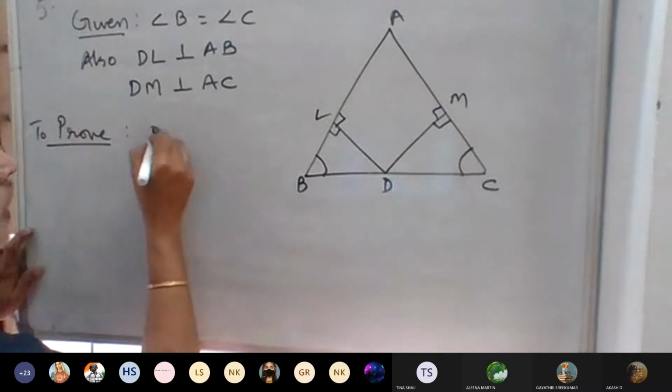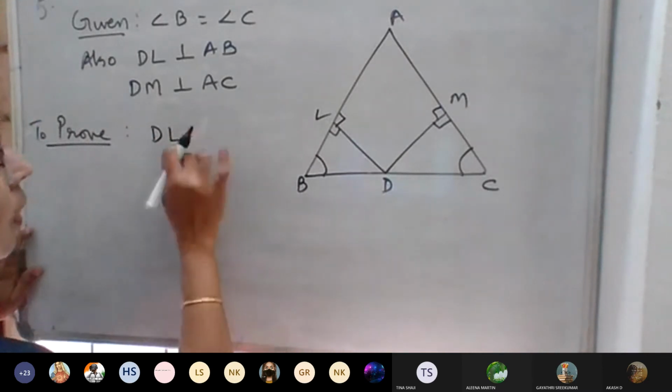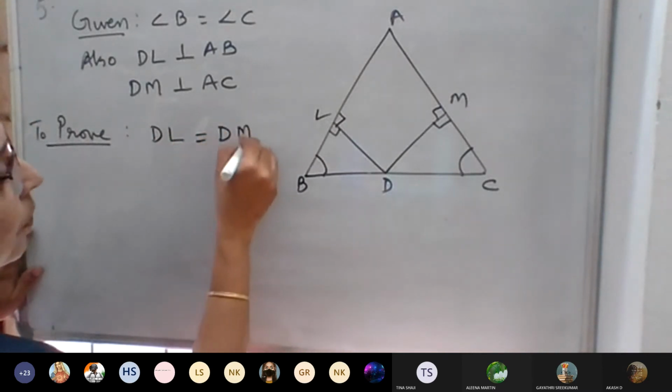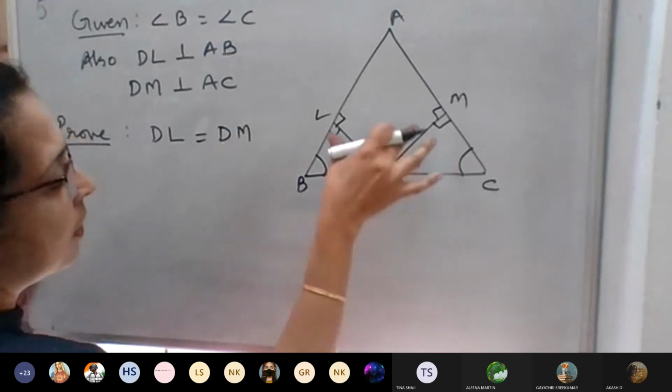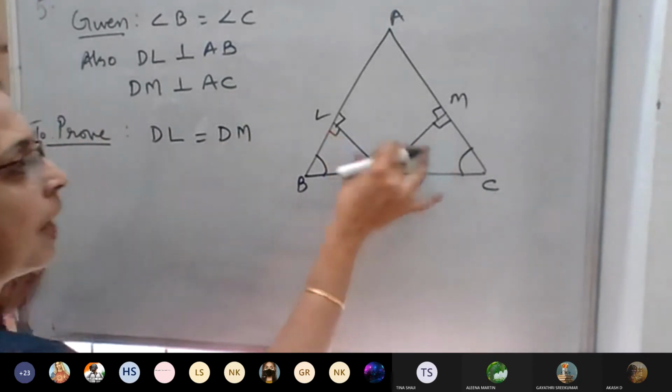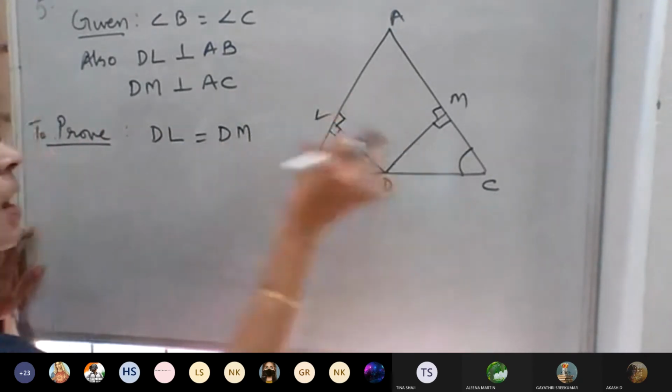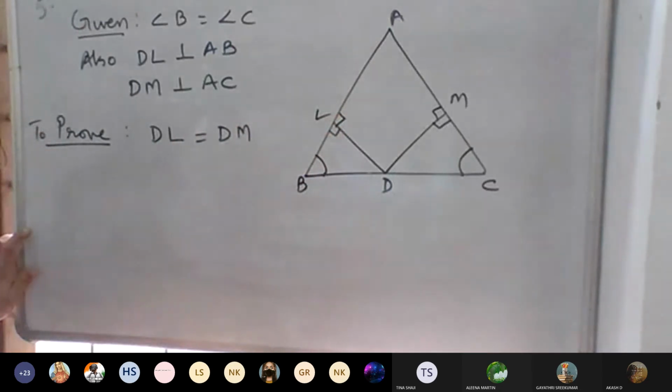We have to prove DL is equal to DM, these two perpendiculars are equal, no? Yes, ma'am.